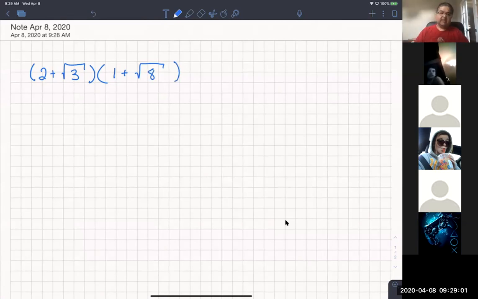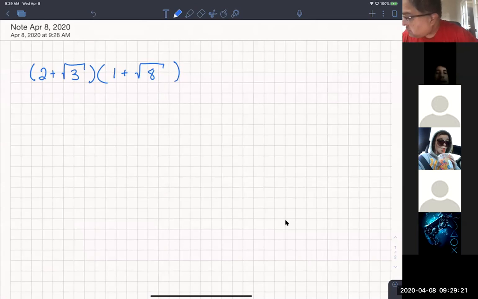Let's say we have something like this, all right? Does anyone remember how do we do these? Don't you have to distribute it into each one? Mm-hmm. Isn't that FOIL? Yeah, you can FOIL.